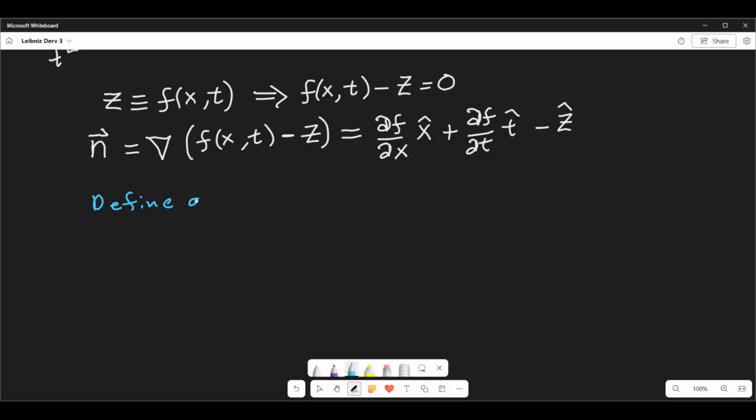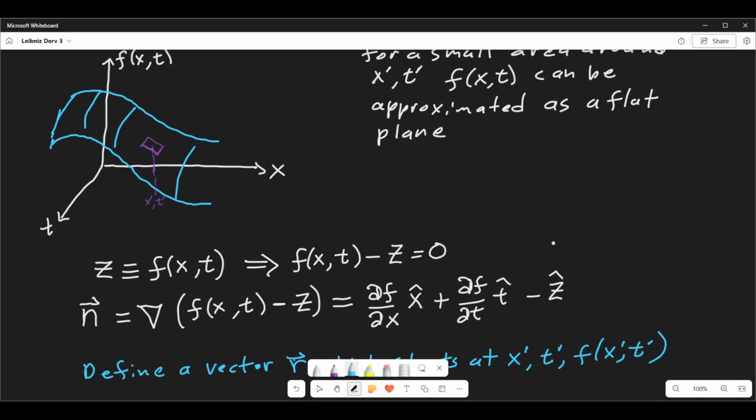So define a vector R, and this starts at x prime, comma t prime, comma f of x prime, comma t prime. So the vector is going to start effectively right there.